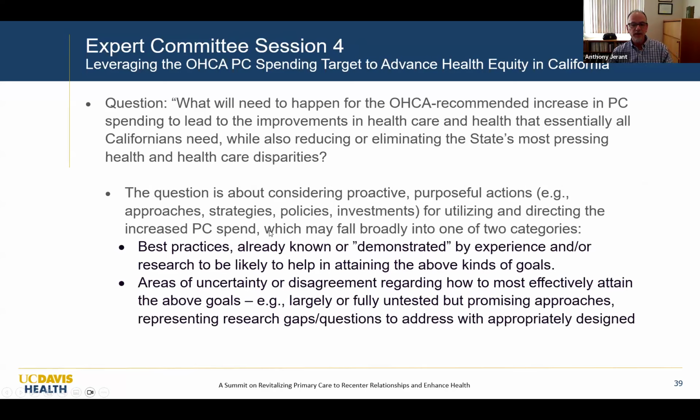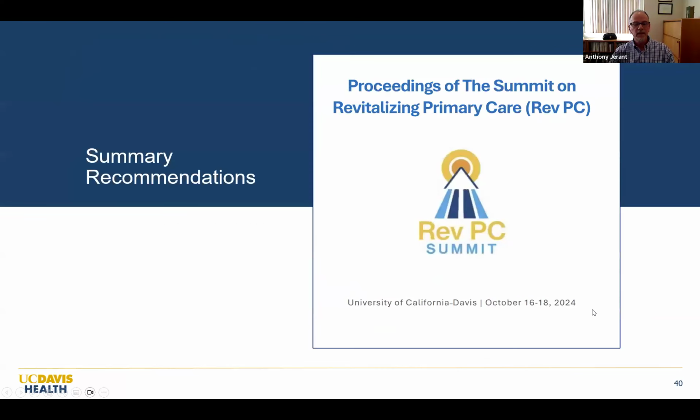I mentioned earlier that primary care itself is inherently more equitable than a lot of the other aspects of the healthcare system, but it's not enough to just assume that passively getting access to high quality primary care alone is going to move the needle on disparities. We know that there are biases and barriers that differentially affect different types of patients at all levels of the healthcare system, including in primary care. So that was the expert sessions.